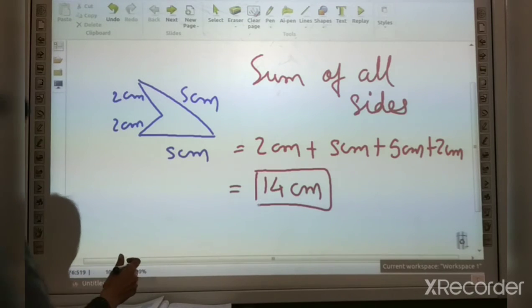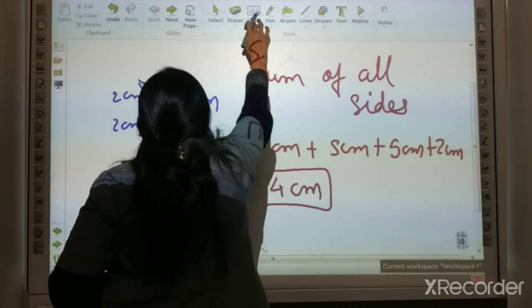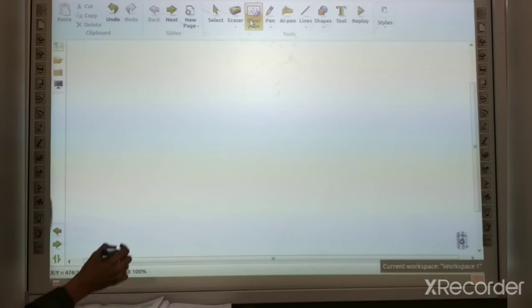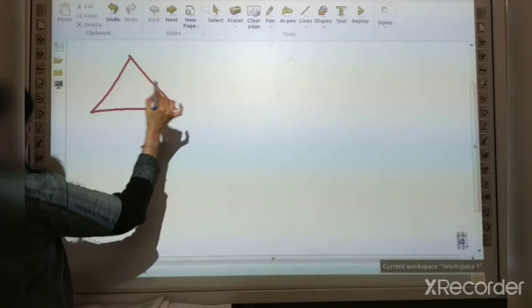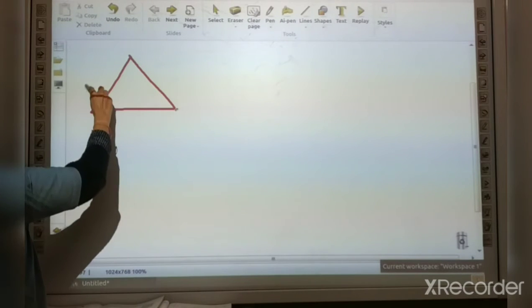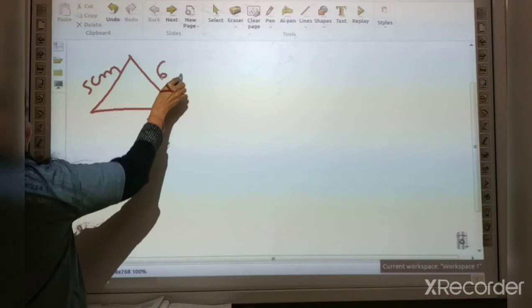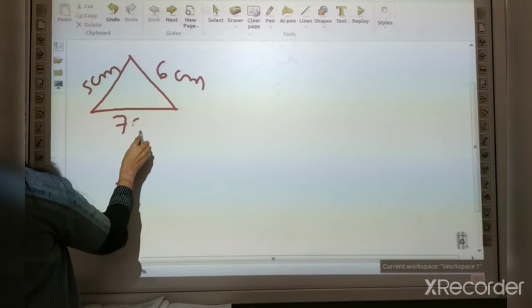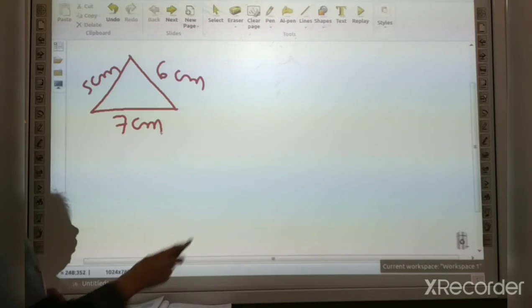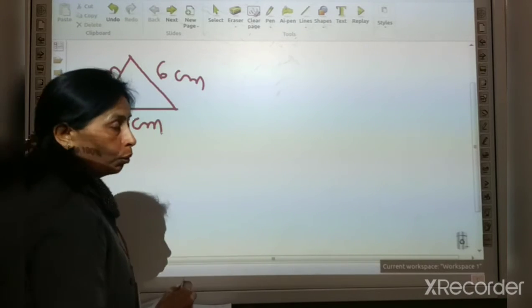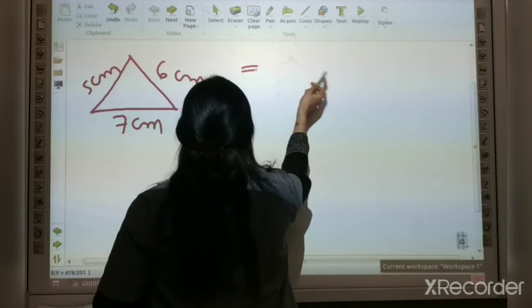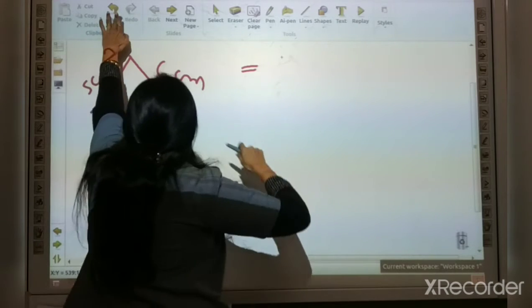Now, triangle. So you use 5 centimeter, 6 centimeter, 7 centimeter. Find the perimeter of triangle, which is the sum of all sides.